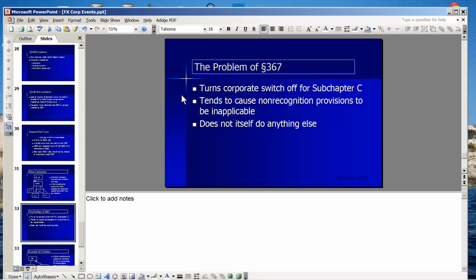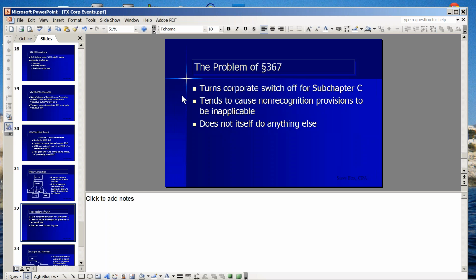367 can kill your reorganization. It can make it a taxable event. There are exceptions, though, to killing it. There are exceptions to saying that outbound transfer of assets is taxable. So you have to get involved with 367 anytime there's an international corporate event. And I got news for you. This is the hardest code section of them all.